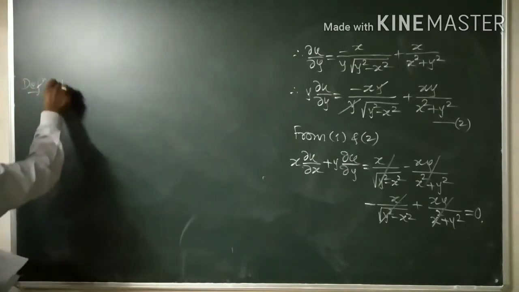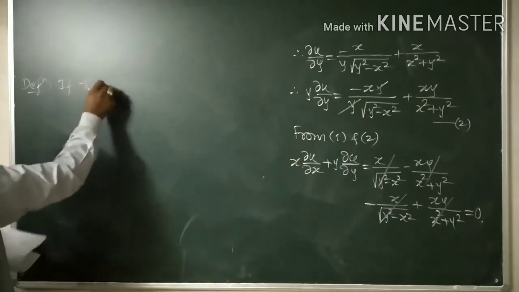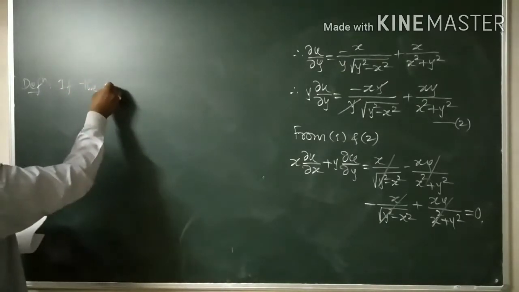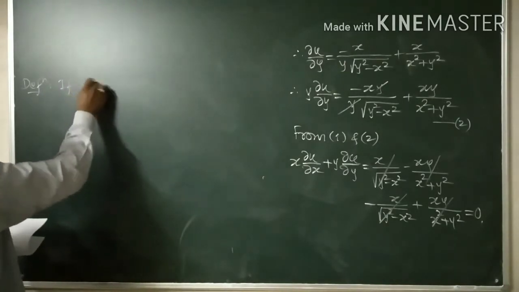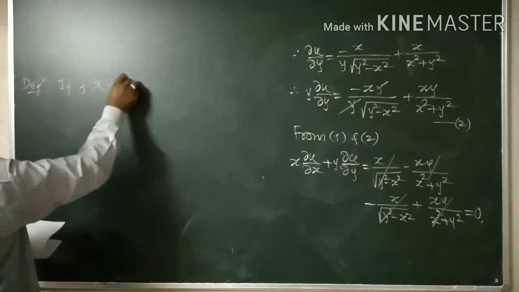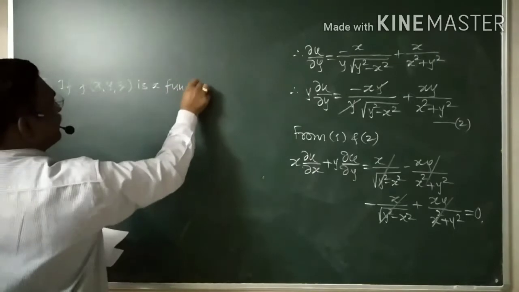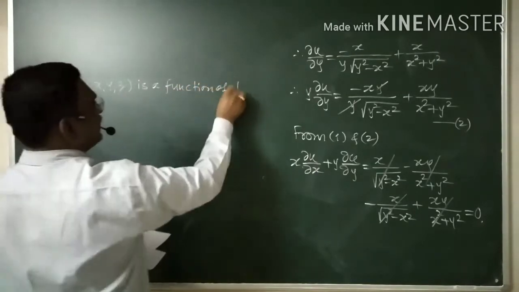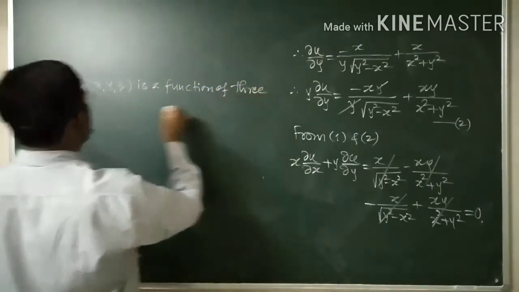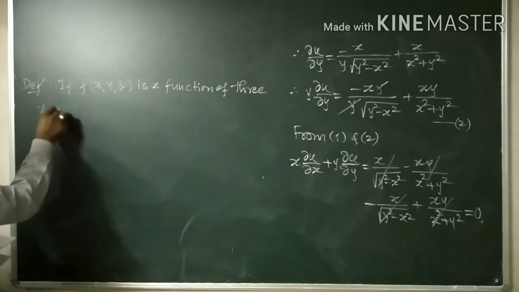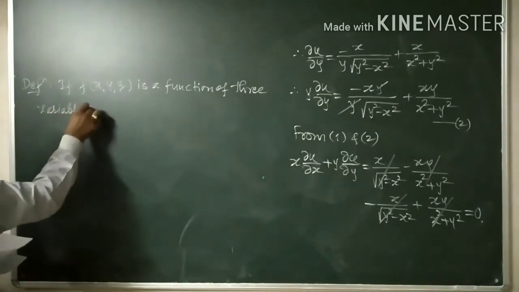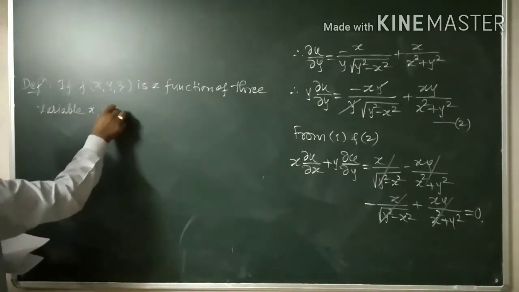If f of x, y, z is a function of 3 variables, which are the 3 variables? x, y, z.